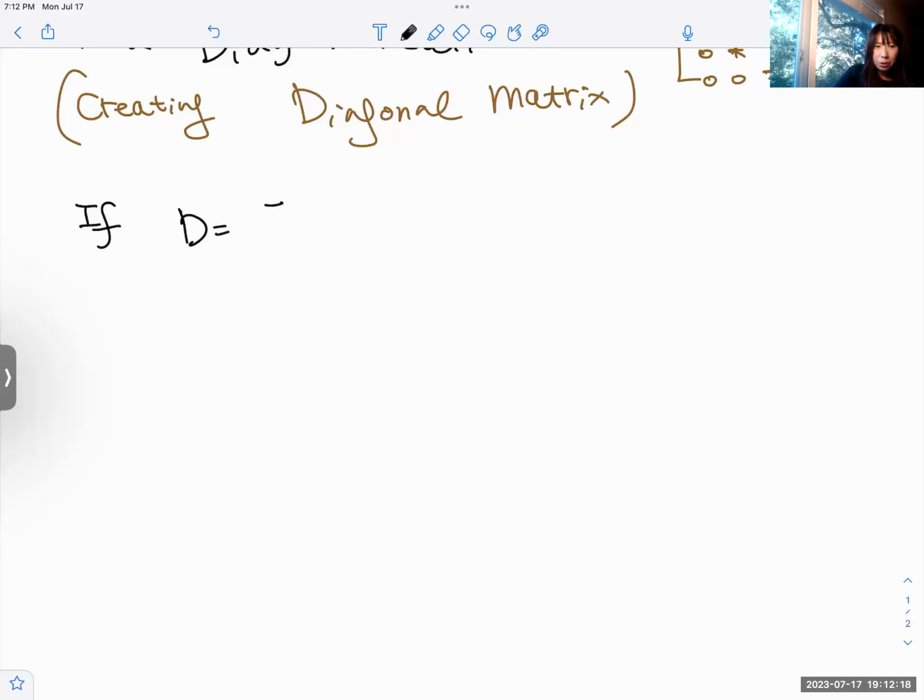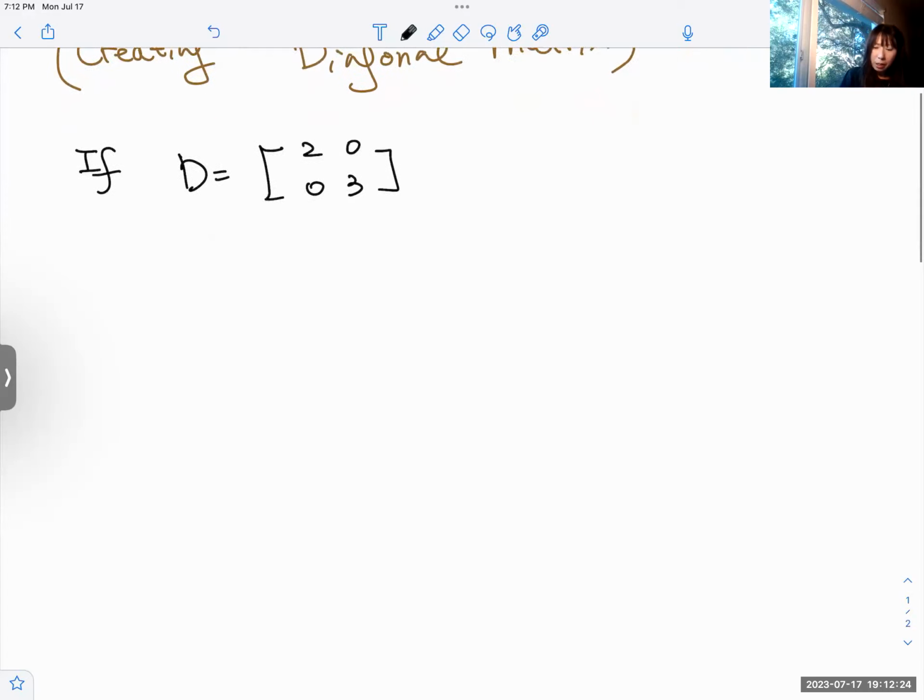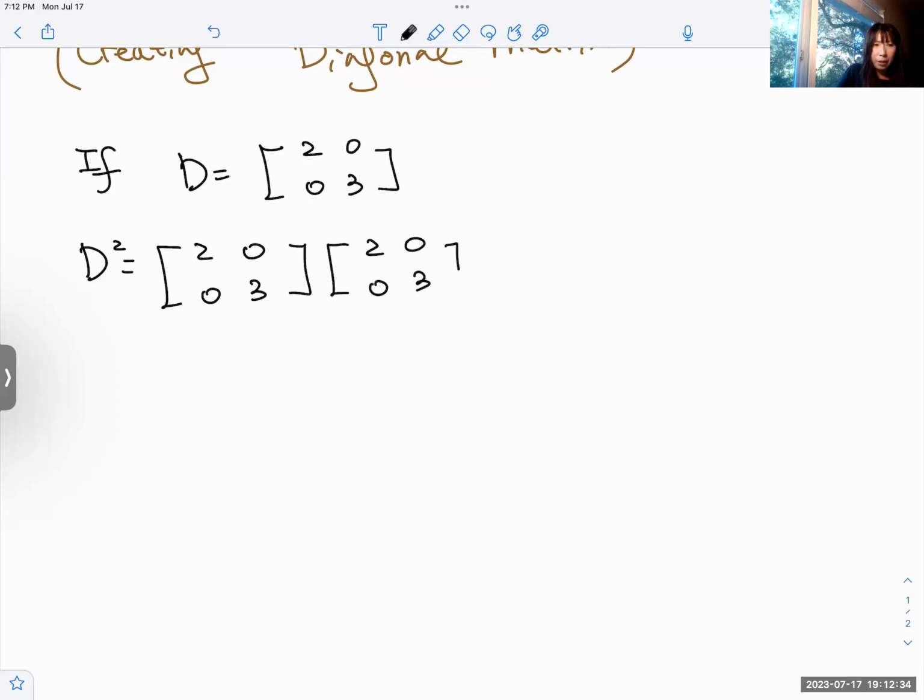D equal to 2, 0, 0, 3, which is a 2 by 2 diagonal matrix, right? If we want D squared, then there will be 2, 0, 0, 3 times 2, 0, 0, 3, which is the same as 2 squared, 0, 0, 3 squared.